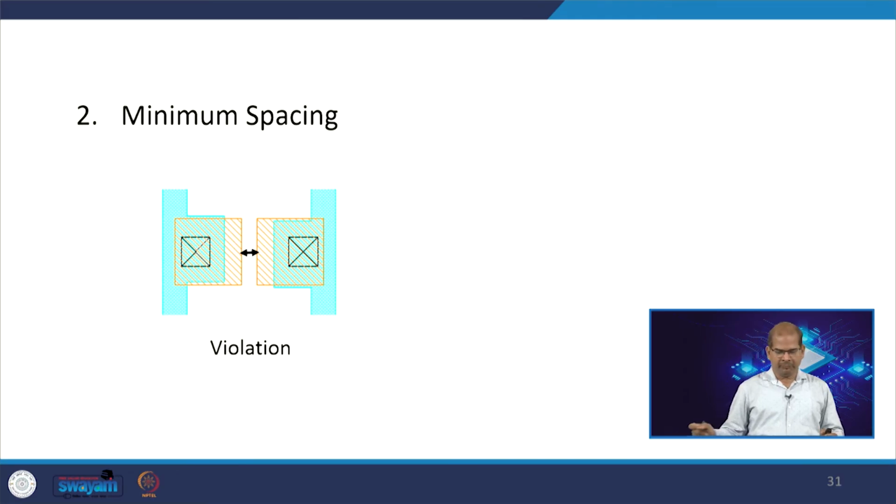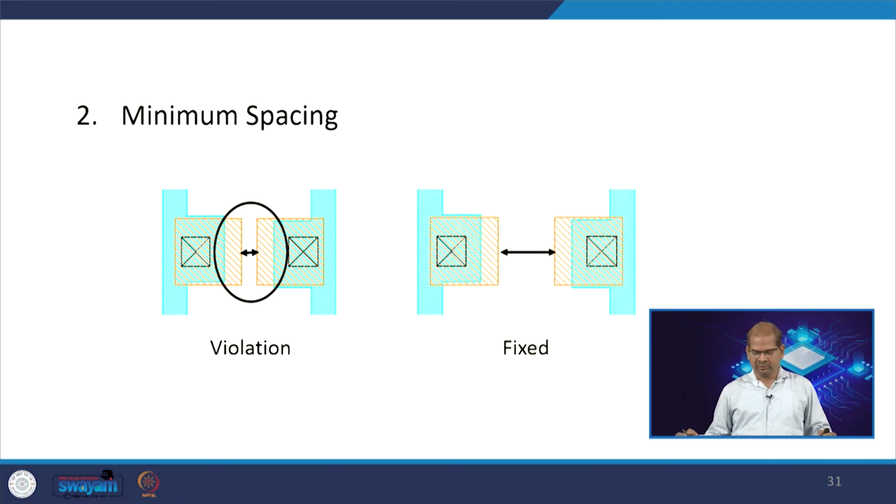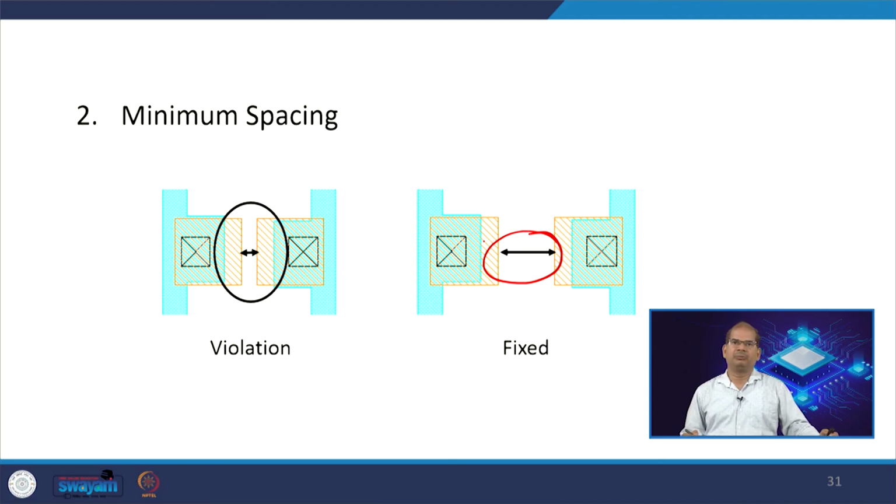Then you have minimum spacing. Actually there is a metal to metal minimum spacing that needs to be there. If the metal to metal minimum spacing is not maintained, then basically it will show a violation. So, how can we solve this? We need to move one of the parts away from the other, such that the minimum rules specified in the DRC rule provided by the foundry will be satisfied.